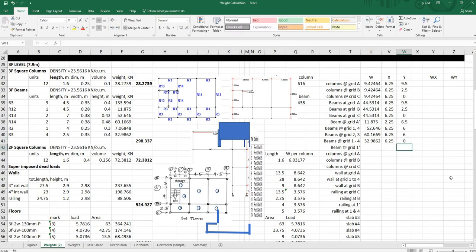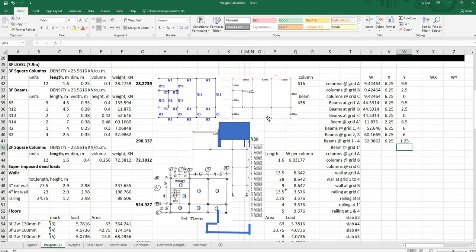Okay, and then meron pang kulang, beam at grid 1 prime. Ito, oh sorry, this is not 0, this is 2.5 divided by 2. Okay, nasa gitna ng 2.5 yan.